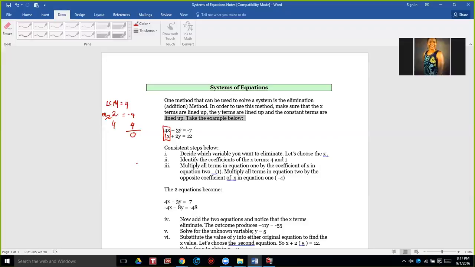So we have 4 here, but we don't have a negative 4 here. So we would need to multiply the second equation by negative 4. So rewrite the first equation.